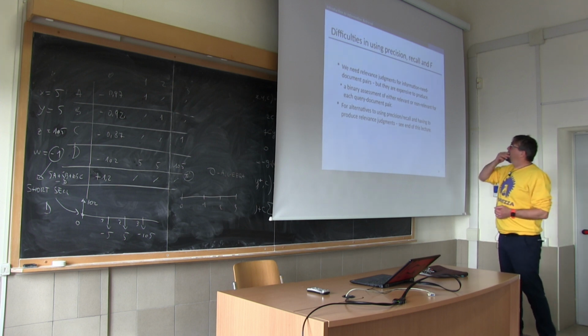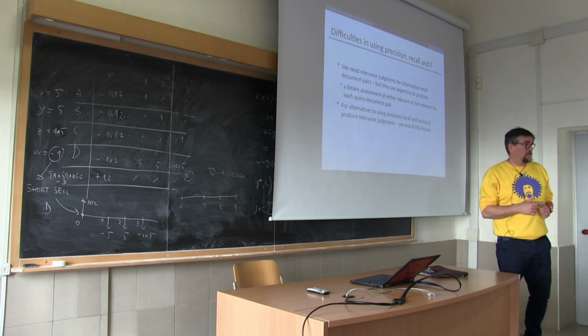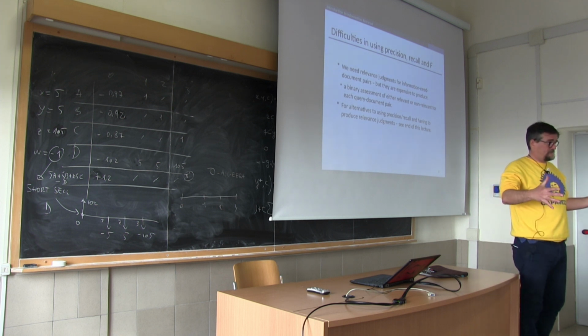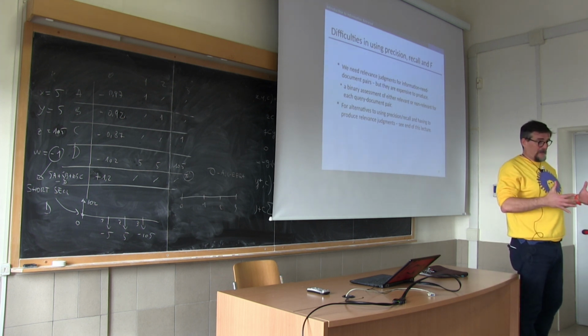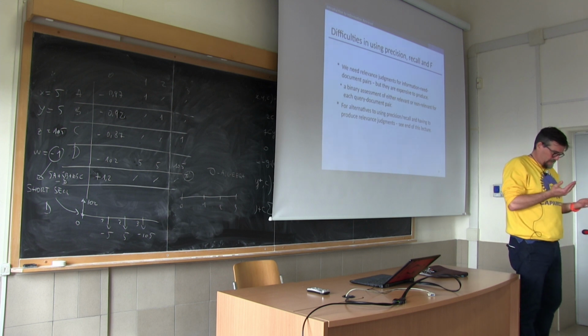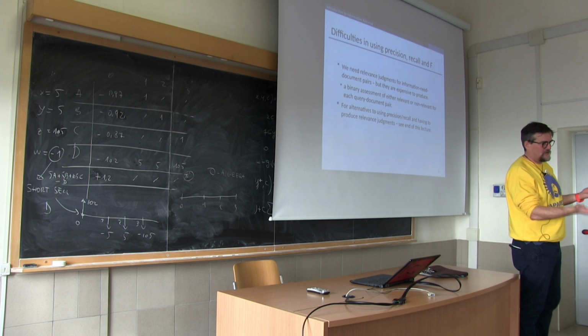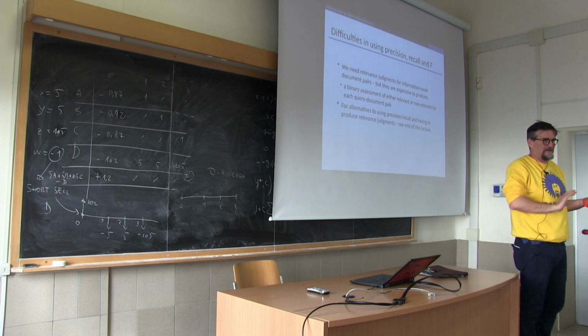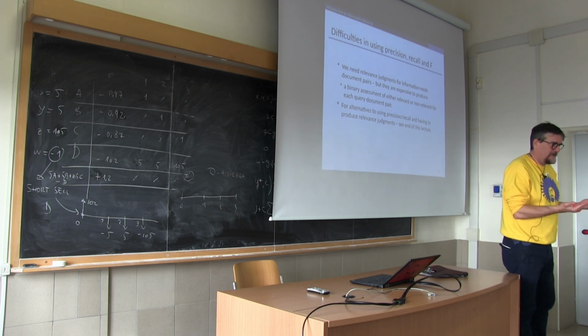But anyway, we need relevance judgments. So we need a collection of documents, we need a query, and we need somebody telling us, okay, according to this query, this document is relevant, this document is relevant, this document is not relevant, not relevant, relevant, okay?